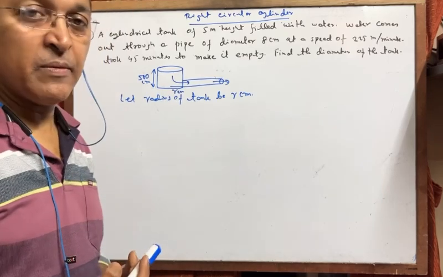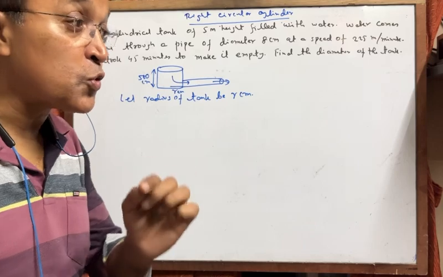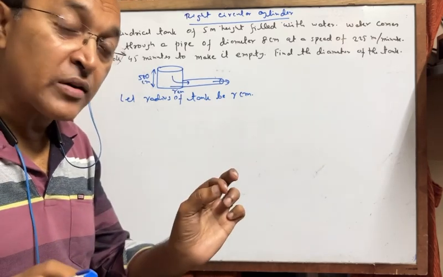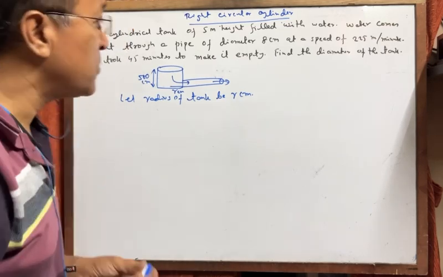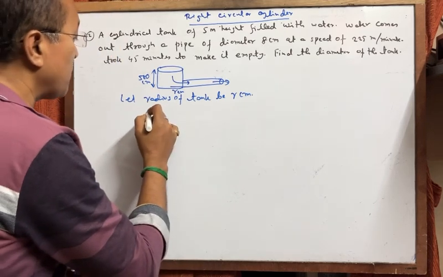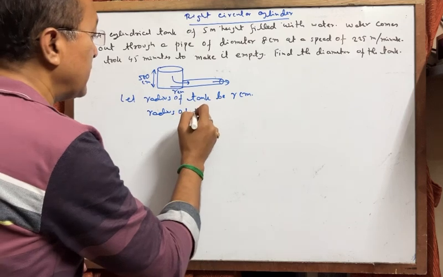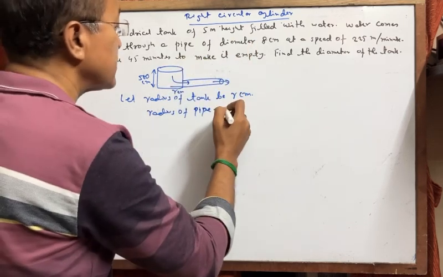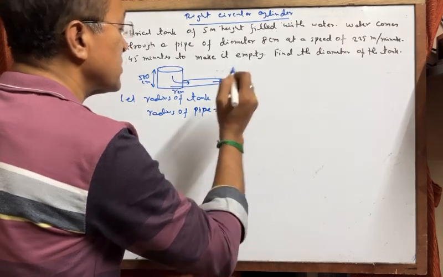Imagine a pipe filled with water up to 225 meter. That volume of water is draining out per minute. And what is given? Radius of pipe is equal to, here diameter 8 centimeter, so it will be 8 by 2, that is 4 centimeter.